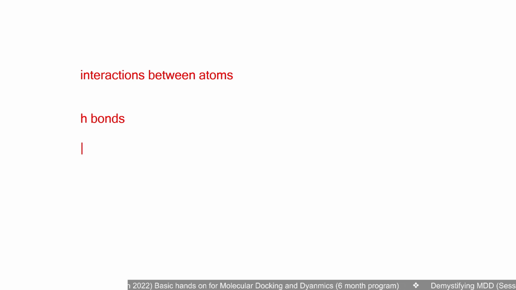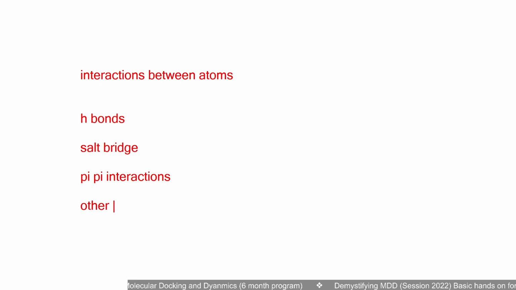So first we will try to find hydrogen bond interactions, and then other types of interactions might be including salt bridges, where coordinate bonds are formed, and pi interactions where some benzene ring like interactions occur, and other types of contacts, like when two atoms come closer to each other and form some kind of covalent interactions.